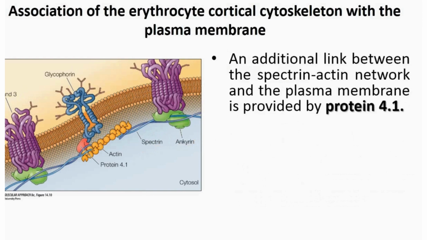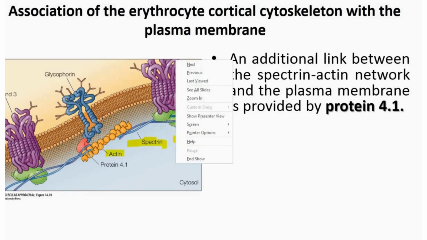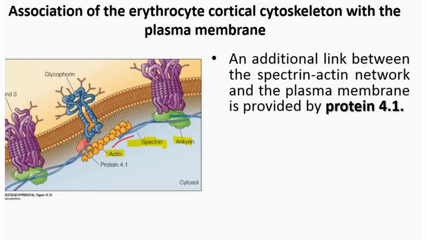Then you have an additional link between the spectrin-actin network and the plasma membrane, which is provided by protein 4.1.